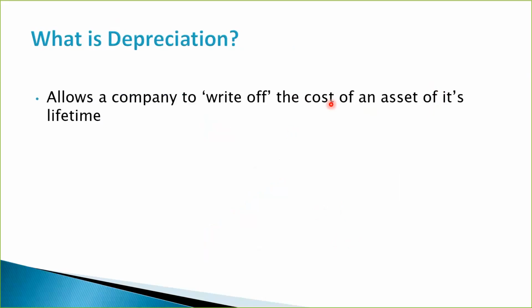So instead of incurring the whole expense in the period when the vehicle was acquired, they incur the expense in small portions over the useful lifetime of that particular asset. Those small expenses that they incur every period are what are called the depreciation expenses.